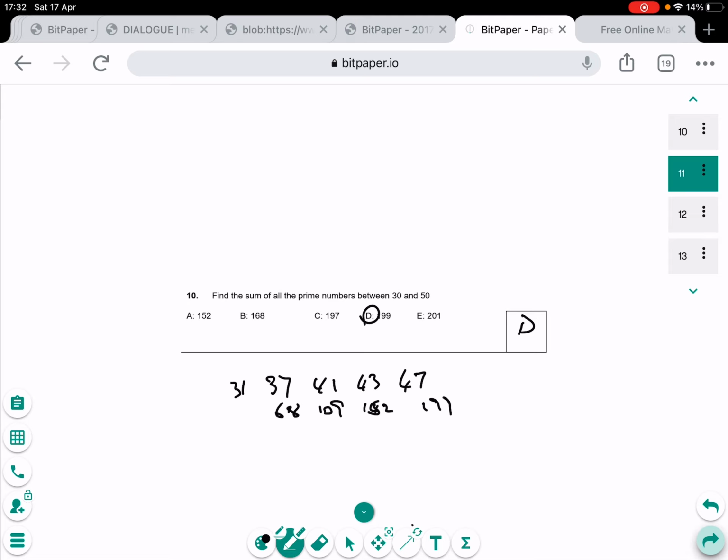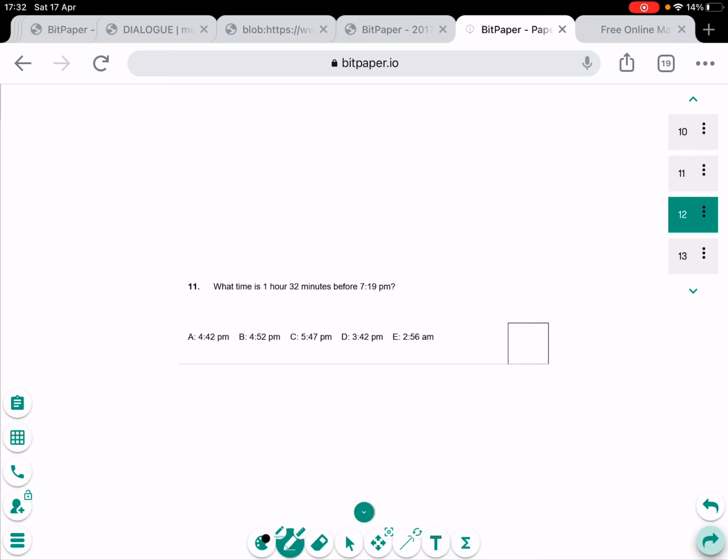For question 10. What time is 1 hour 32 minutes before 7:19 p.m.? Decrease the 1 hour first, so we get 6:19, and then we need to minus 32. So 32 minus 19 equals 13.